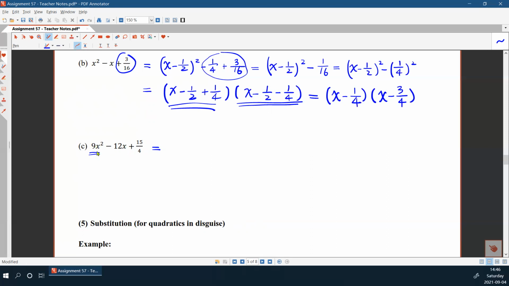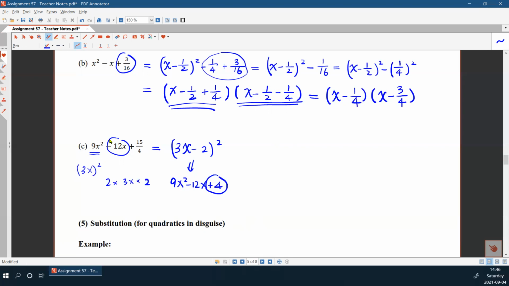So note here, 9x squared is 3x to the power of 2, right? So we can decompose this to 2 by 3x by 2, right? Okay, so we can try using 3x minus 2 squared first. And this is actually 9x squared minus 12x plus 4, right?